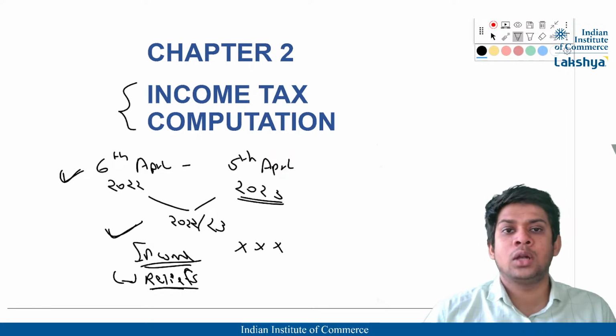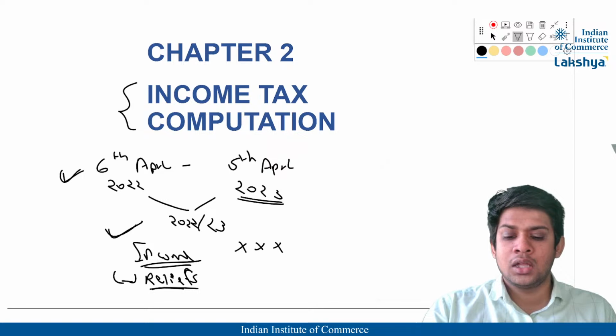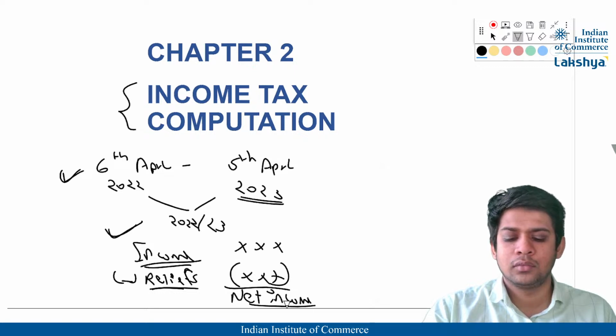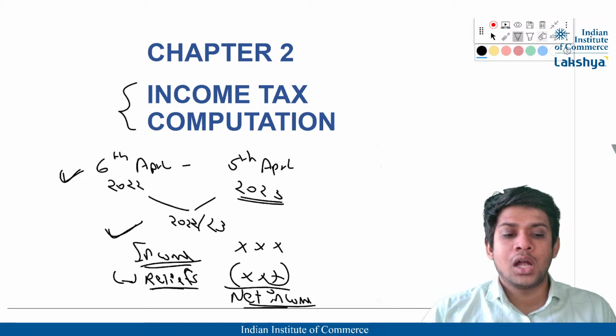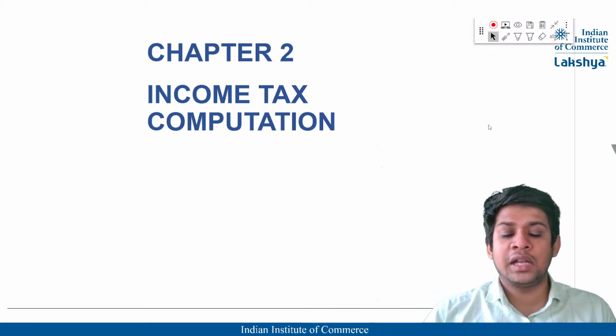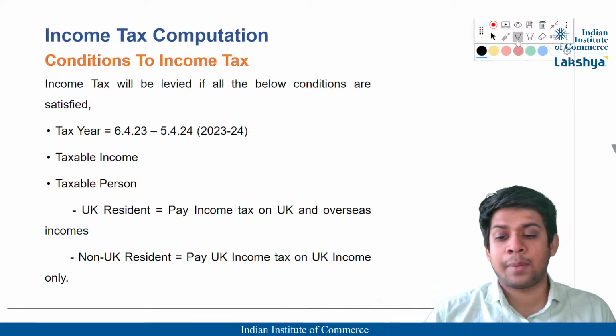How you get the reliefs, you'll understand later. But all the reliefs that he is getting for the same will be deducted, and the remainder will be the net income. Now, there are a lot of details in it, so let's get started with the chapter.